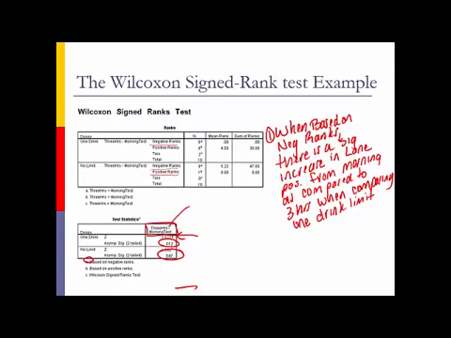Because of the way that we're testing this number, it is a negative z-value, which means 3 hours is less than morning. So there's a significant increase from morning as compared to 3 hours when looking at the one drink limit.